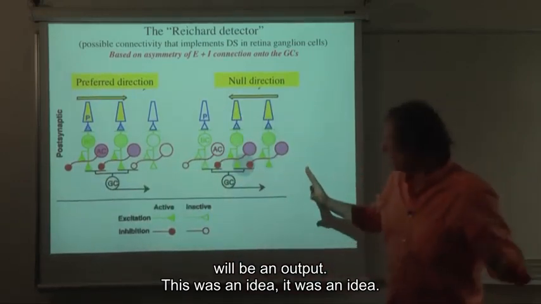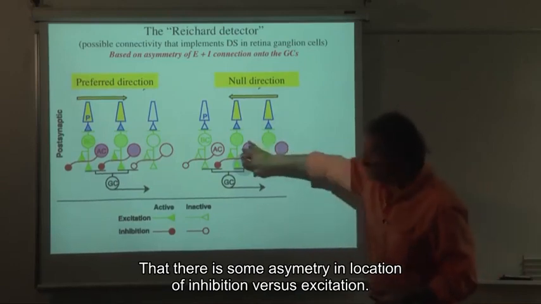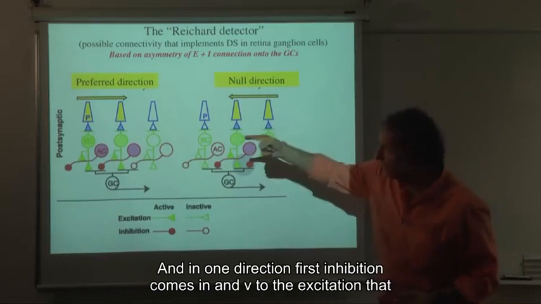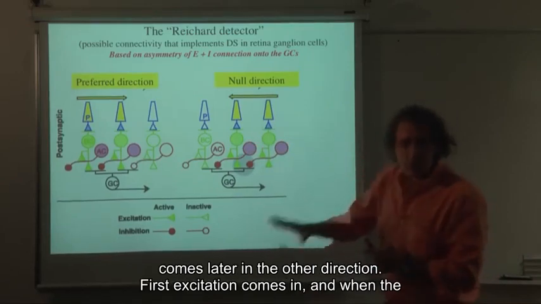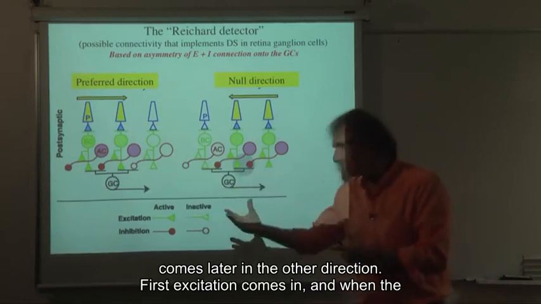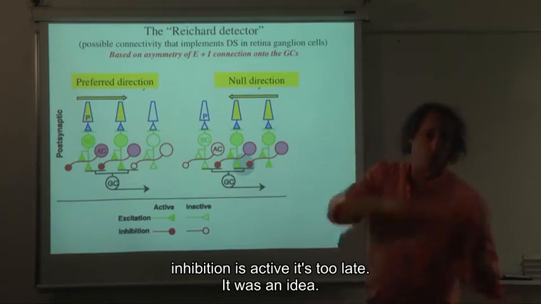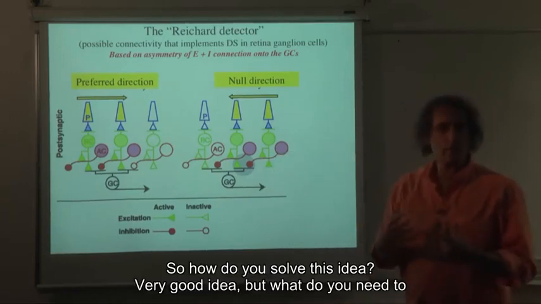It was an idea that there is some asymmetry in location of inhibition versus excitation, and in one direction first inhibition comes in and vetoes the excitation that comes later. In the other direction, first excitation comes in, and when the inhibition is active, it's too late. It was an idea. So how do you solve this?